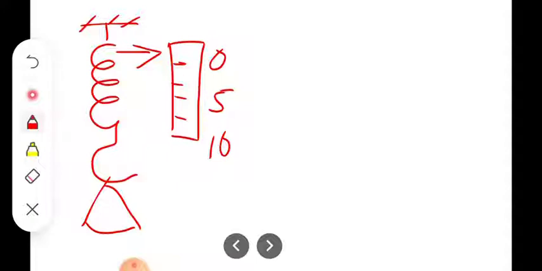Whatever weight we place in the pan, the spring will get elongated and the pointer will travel along the scale, and where that point is indicated on the marking, that is the indication of the measure of the unknown weight placed in the pan. But we are studying calibration. It means that instrument is not working properly and we will have to calibrate that instrument. So first we will forget about those readings.